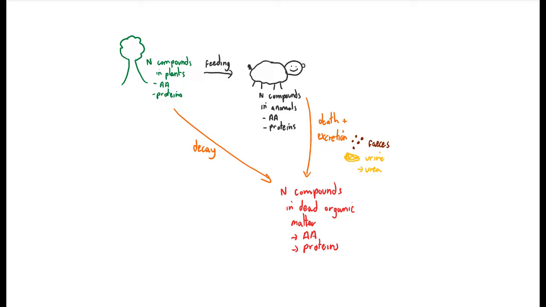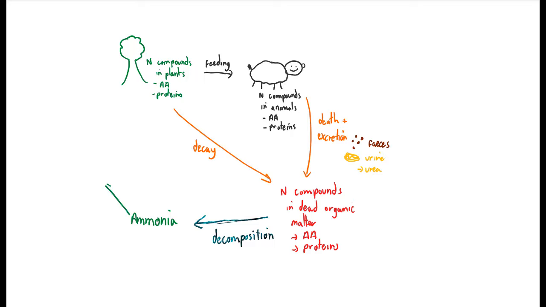So what has to happen is this dead matter has to get broken up, and it gets broken up in the process of decomposition. So all those nitrogen compounds in the dead organic matter get converted to ammonia in the process of decomposition.